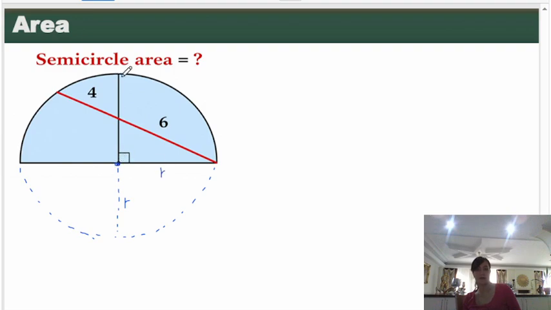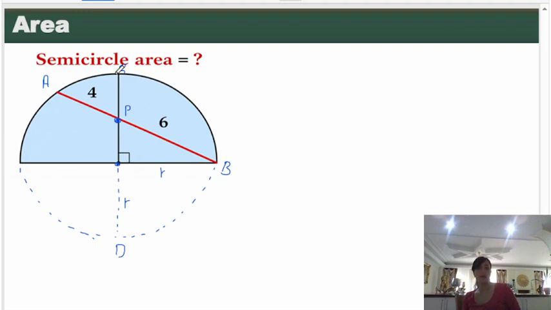The rule says when two chords intersect each other, so if I label here, AB is a chord of this circle that intersects CD. The larger chord in the circle is the diameter of that circle.